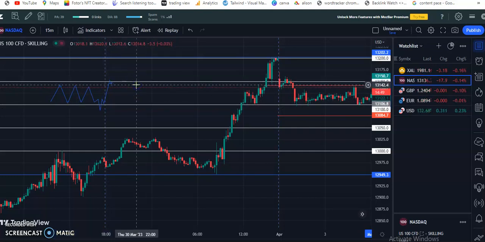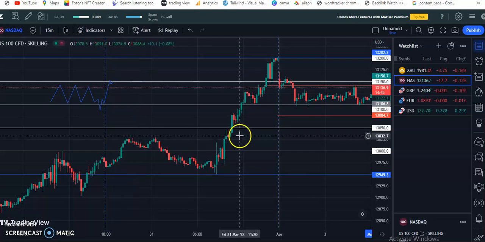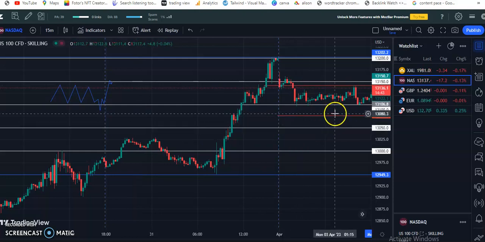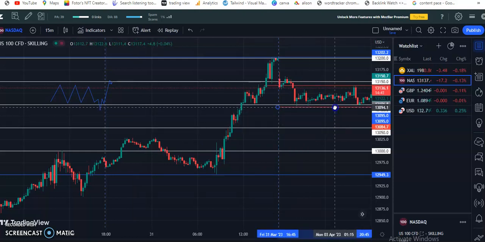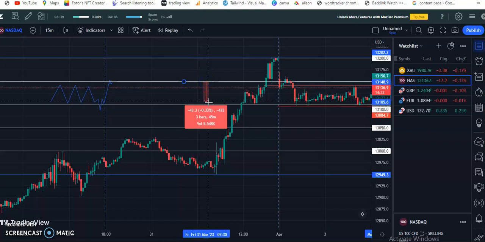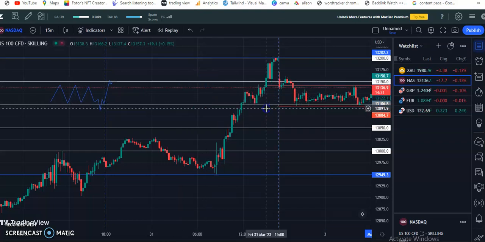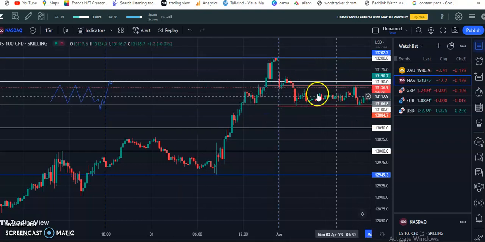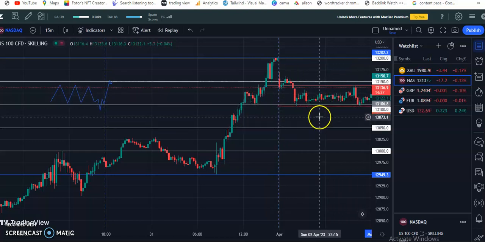So you're just looking for a range expansion. It was just oscillating between, is it 50 pips? Yeah, 50 pips. So the range of consolidation was just 50 pips.